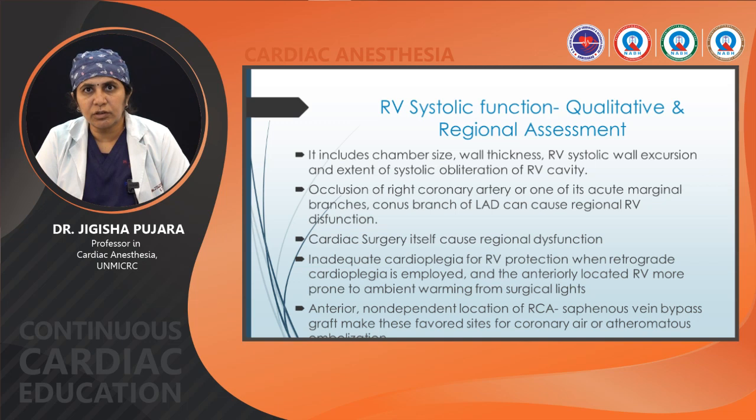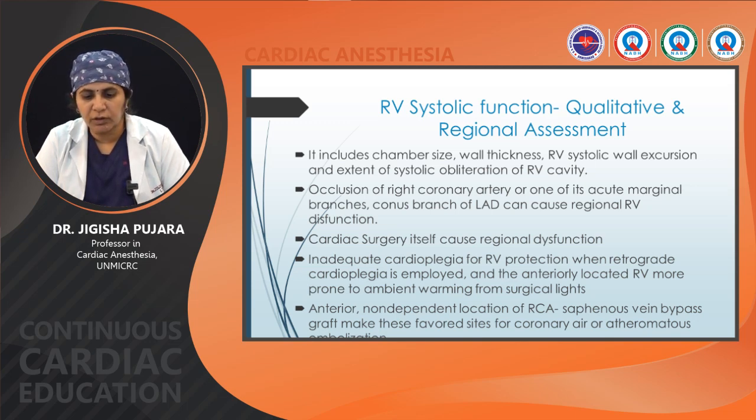Cardiac surgery itself causes regional RV dysfunction: inadequate cardioplegia for right ventricular protection when retrograde cardioplegia is employed, and the anteriorly located right ventricle is more prone to ambient warming from the surgical light.